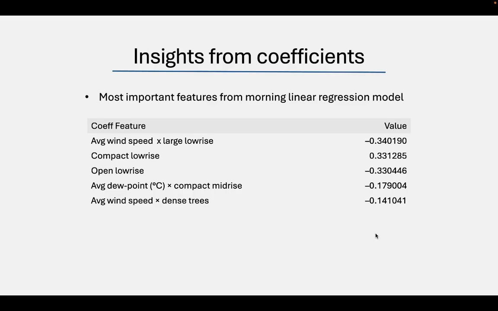We're also seeing that compact low-rise buildings have increased temperatures, and open low-rise buildings have decreased temperatures. Finally, we're seeing that average dew point, which is a proxy for humidity, specifically when paired with compact mid-rise buildings, is leading to decreased temperatures. We believe these are important to highlight when it comes to adding more nuance into our model and really understanding how climate affects land cover and heating.